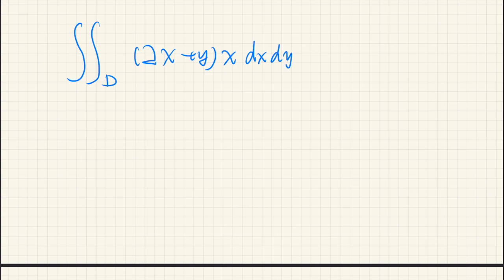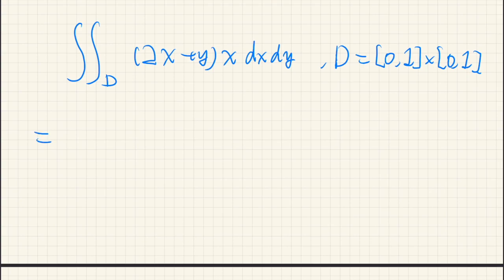Let us find the double integral of (2x plus y) times x dx dy, where the rectangular region D is [0, 1] times [0, 1]. So we apply the iterated integral.